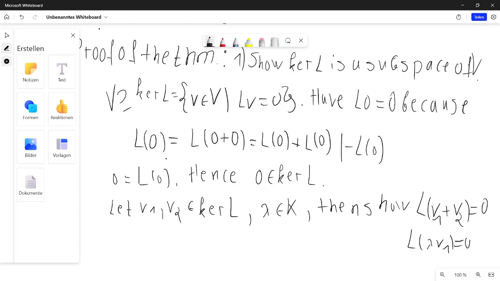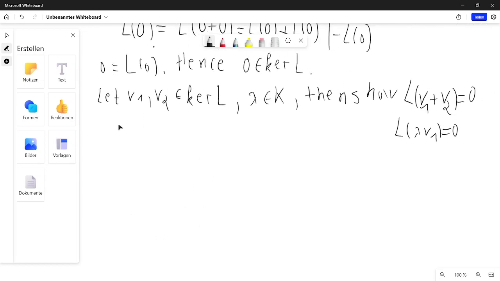Since those are just arbitrary elements, we don't have any restrictions on them, it suffices to prove this for arbitrarily chosen elements.